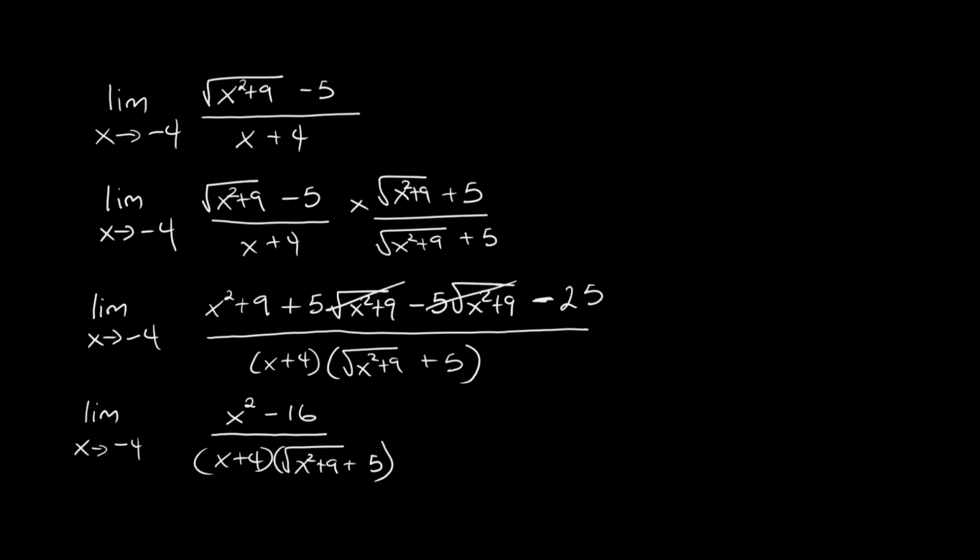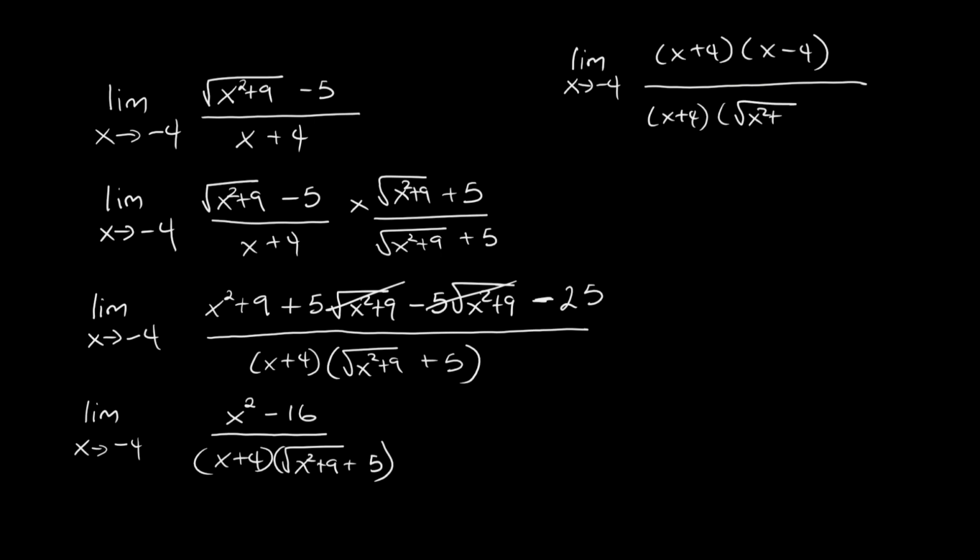Now, if you take a look at our numerator, you'll notice that this is a difference of two squares, and so this would be the limit as x approaches -4 of x plus 4 into x minus 4. So that is the factored form of x squared minus 16, and that will be divided by x plus 4 multiplied by the square root of x squared plus 9 plus 5.